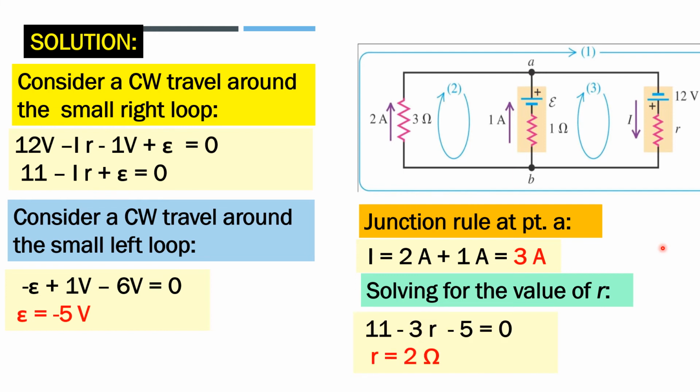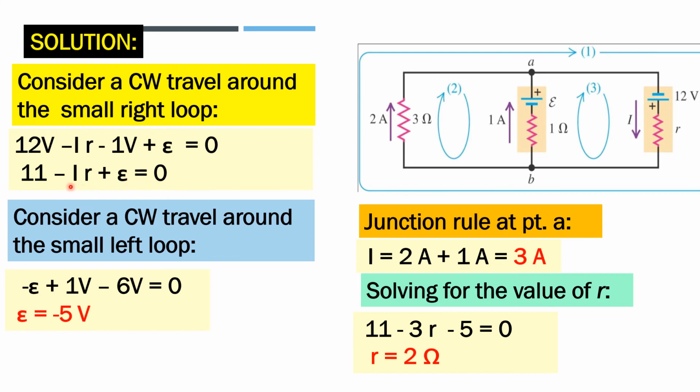We simply make use of the fact that in our first step equation here, the one that's simplified, we say that 11 minus IR plus the EMF is equal to 0.